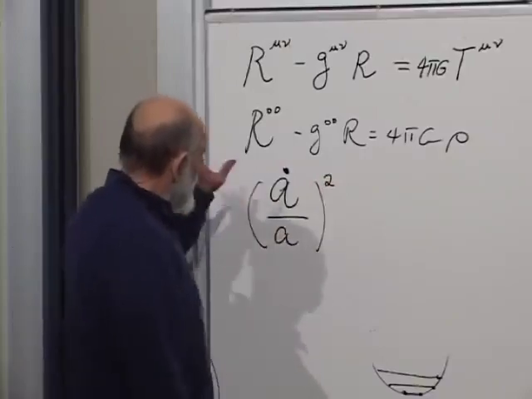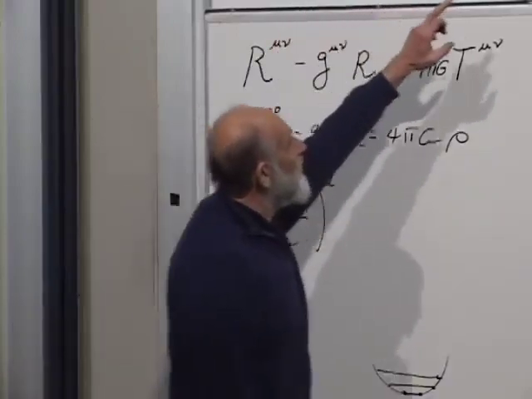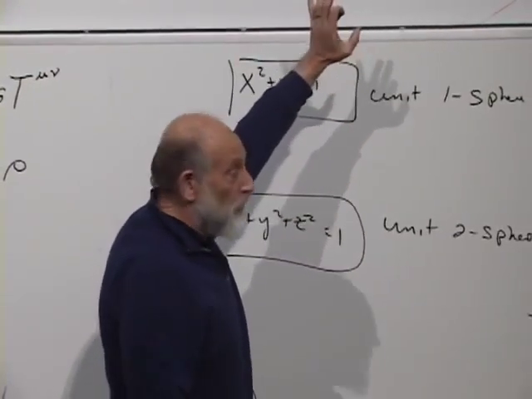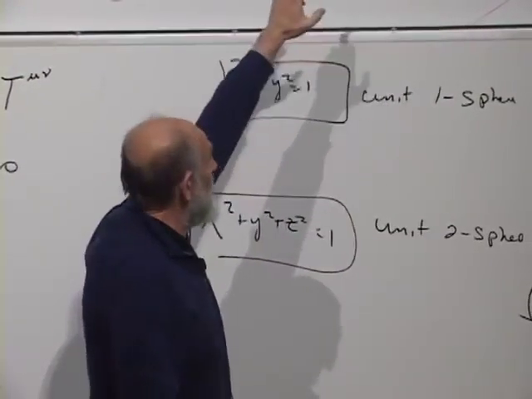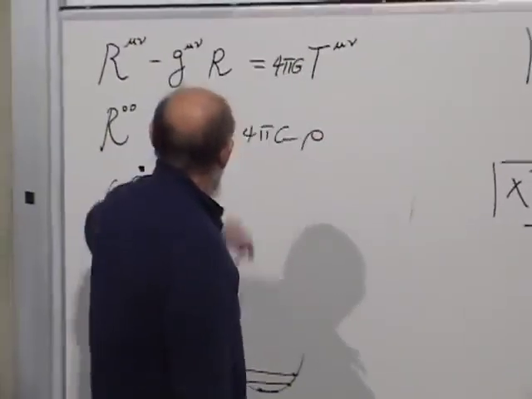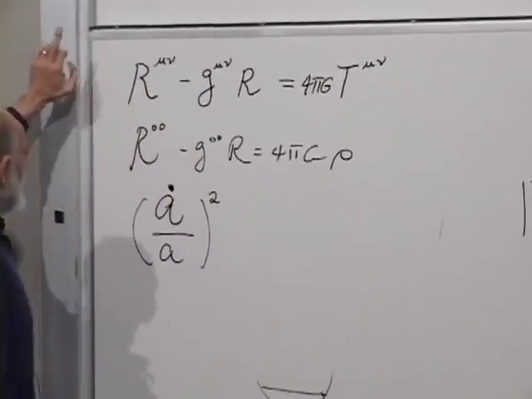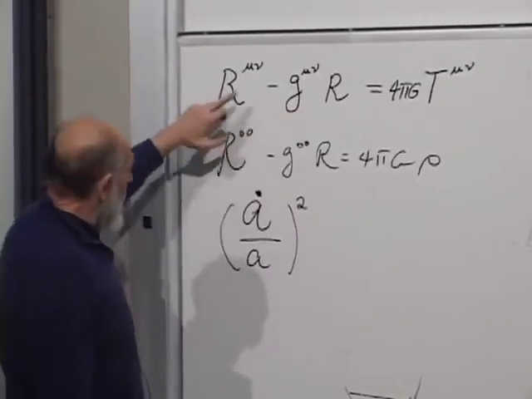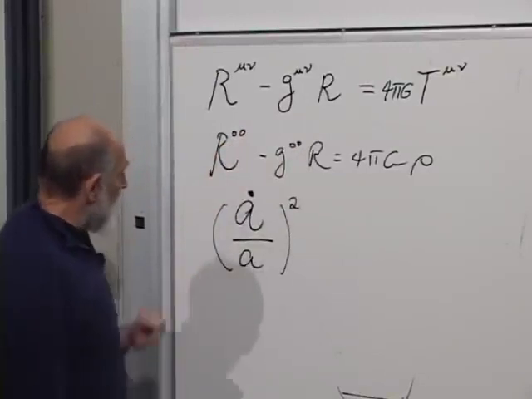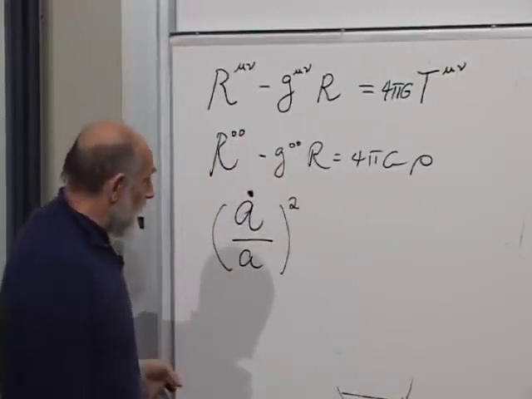So if you work out the flat space case, flat space means flat space, not flat space-time, the k equals 0 case, you take that metric and plug it into the formulas for curvature, calculate R naught naught minus G naught naught R, and you will get A dot over A squared.